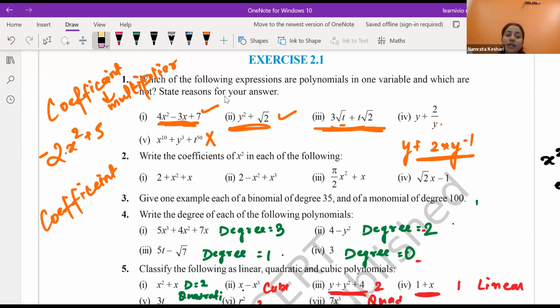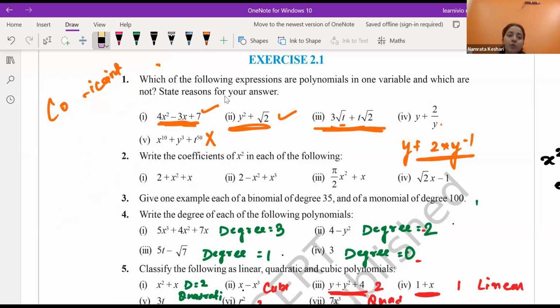Suppose I am writing one more thing: x square minus x plus 5. If I ask you, Apurva, what is the coefficient of x over here? Can we say minus 1? Yeah. Minus 1 is multiplied with x.